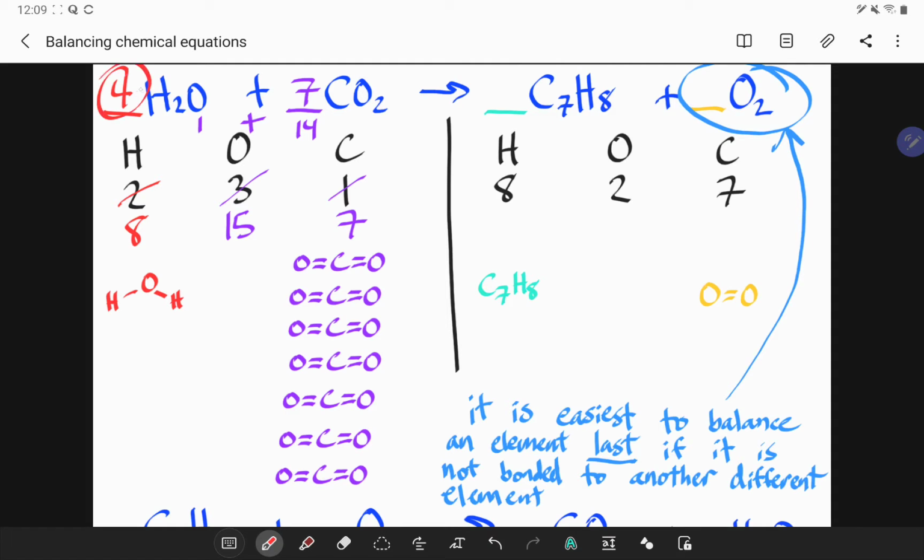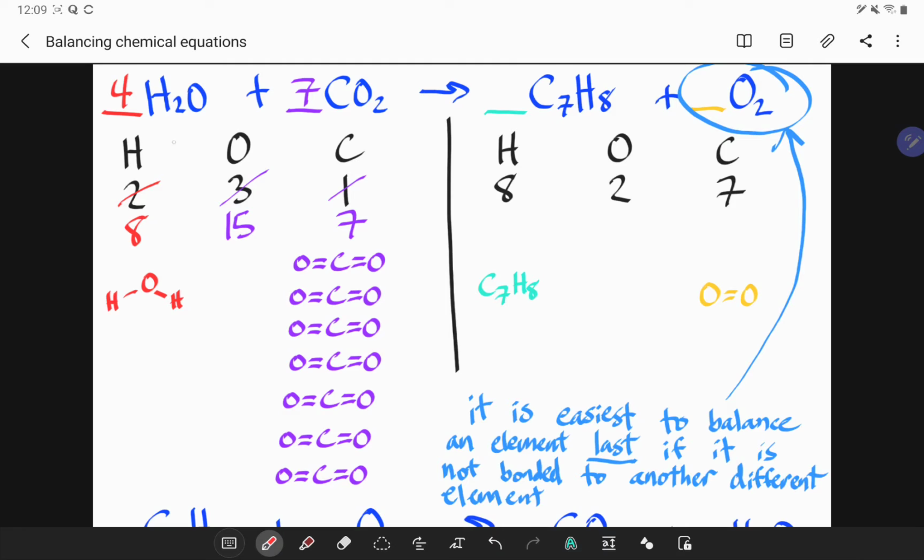But this 4 does not just change the number of hydrogens, it also changes the number of oxygens. So we need to figure out how many oxygens we have now, and let's recalculate that.